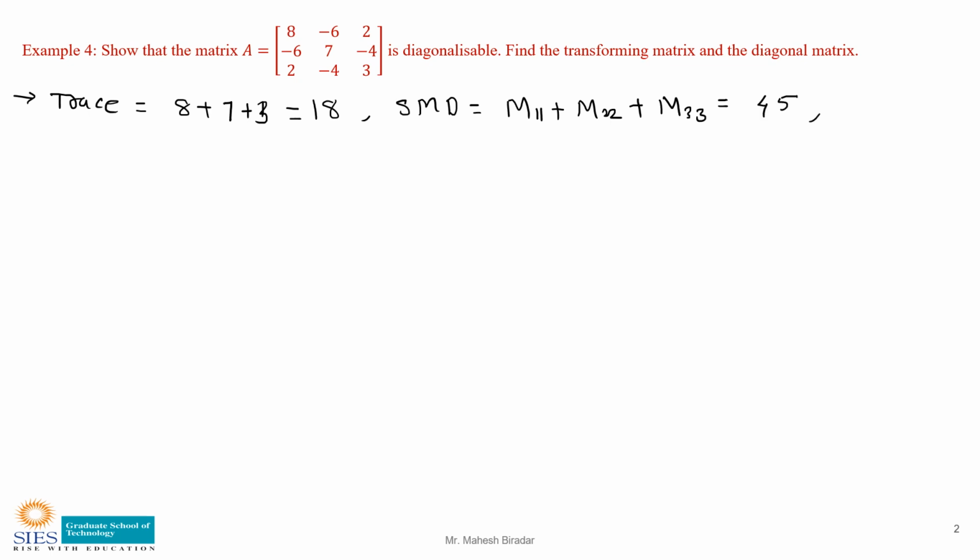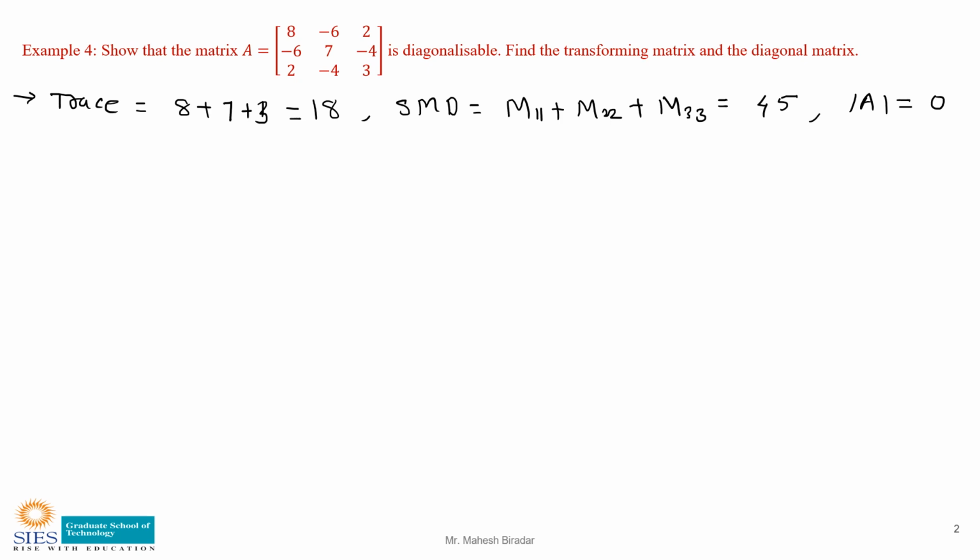And if you find the determinant of this matrix, this is 0. So we know that if the determinant is equal to 0, then definitely one of the eigenvalues must be 0.